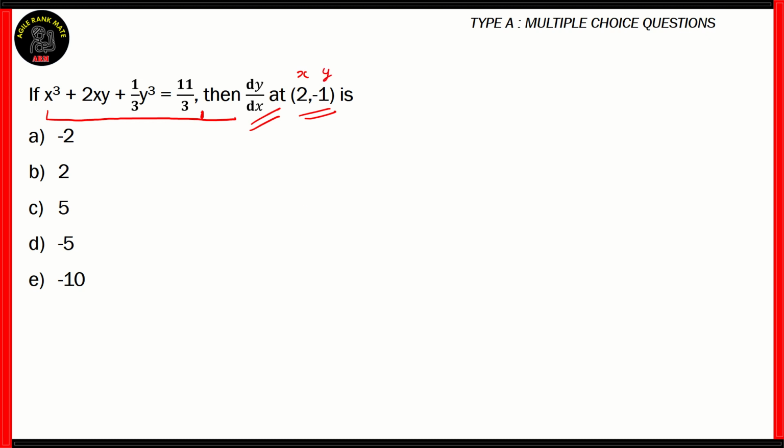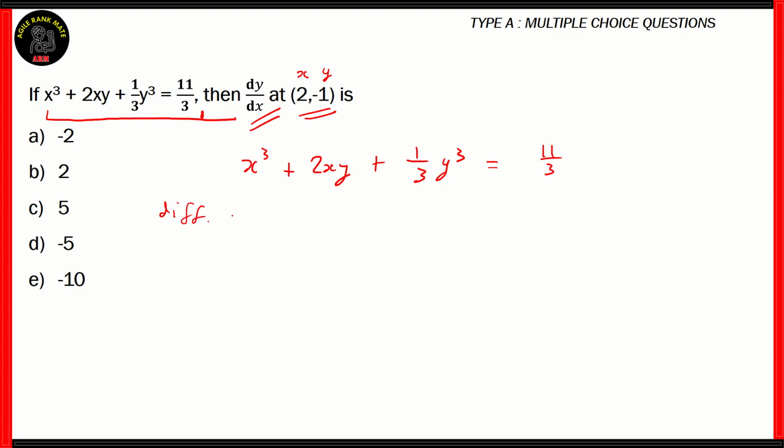In order to start off with this question, we would need to differentiate it with respect to x. And once we get the differentiated equation, we can just substitute the values for x and y. So the equation that we have here is x cubed plus 2xy plus 1 by 3 y cubed, equal to 11 by 3.